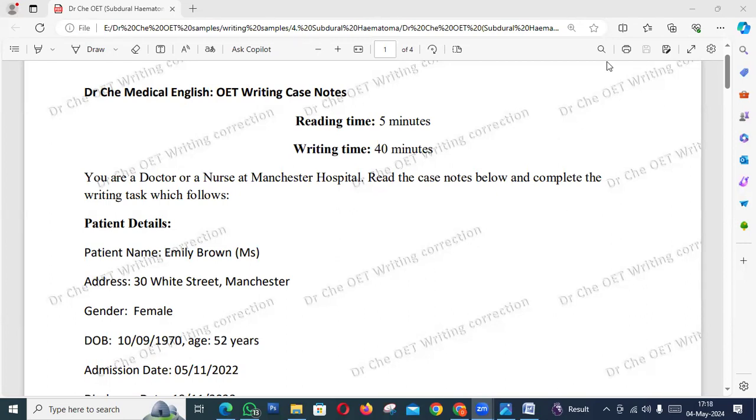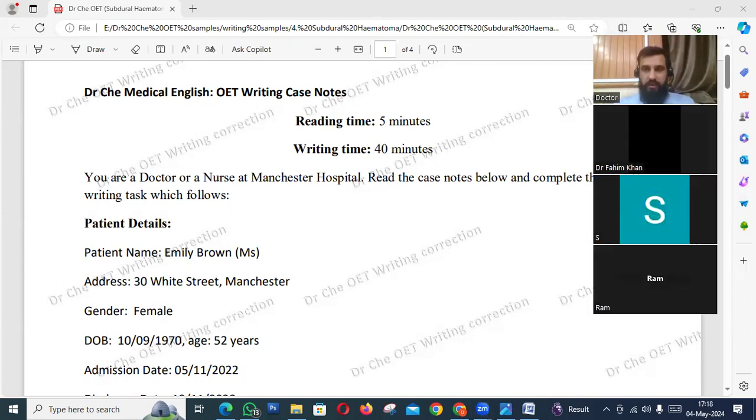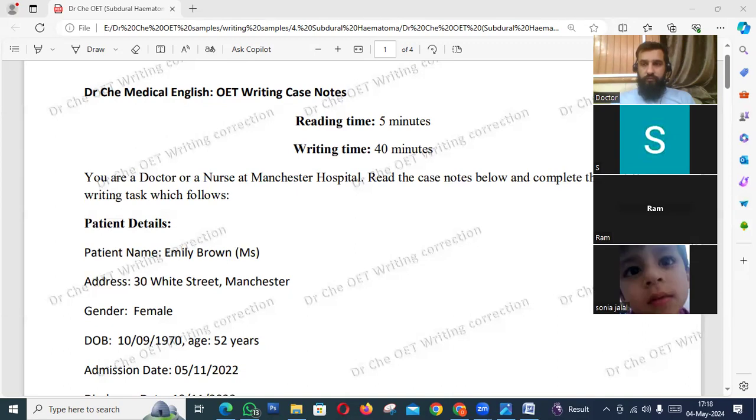How much time will you have in the real exam to read the case notes? Five minutes. What can you do in these 5 minutes? We will cluster the details, important and unimportant, and differentiate.